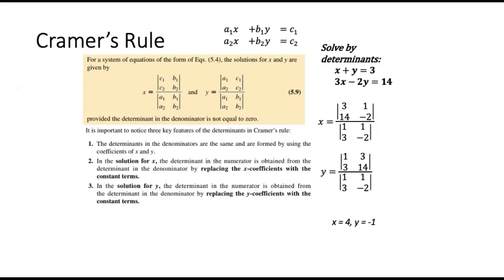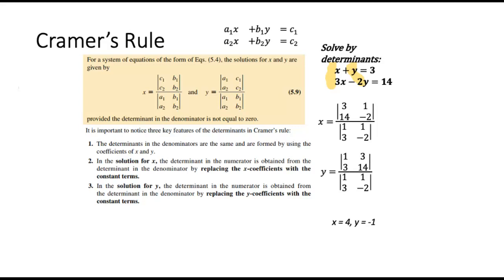array in which the first column are the c values. Notice up here c1, c2, and the second column are the b values. And we have this rectangular array: 3, 14, 1, negative 2. And then our denominator is just the coefficients of the two variables, x and y.